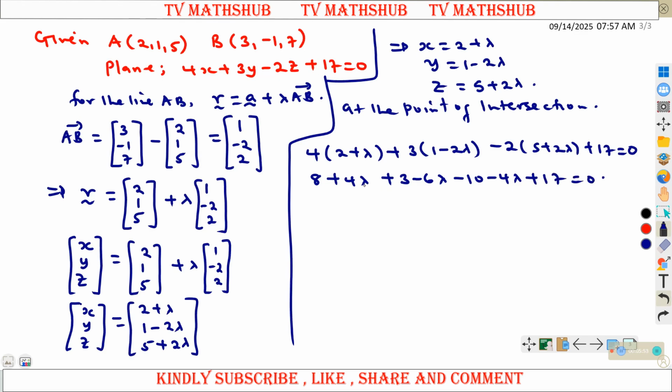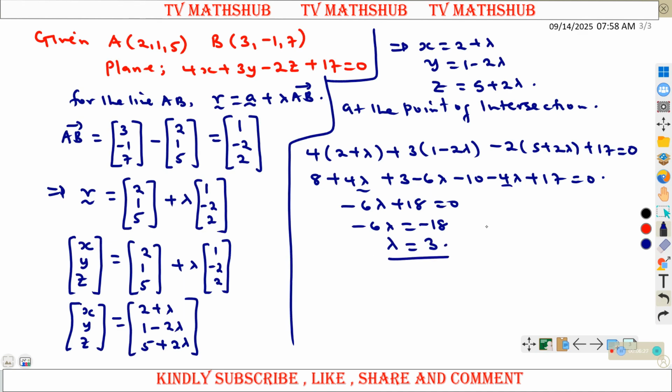We can try to simplify this. 4 lambda will go away, we remain with -6 lambda. Then 8 plus 3 is 11, minus 10 is 1, plus 17 is 18, plus 18, which is equal to 0. So -6 lambda is equal to -18, giving us lambda as positive 3.